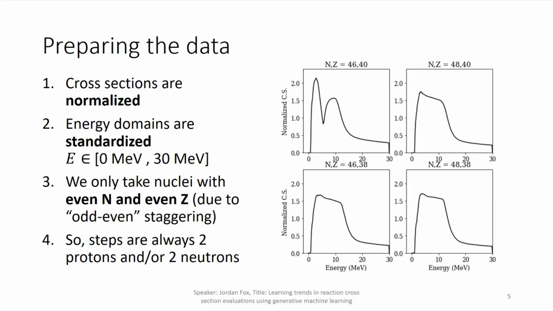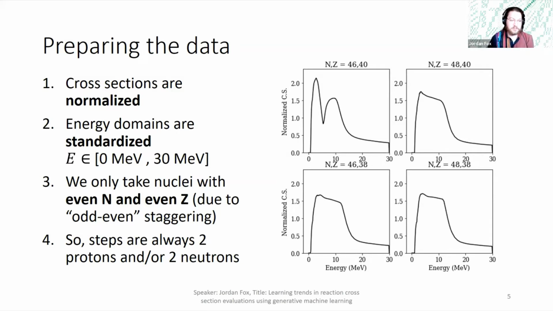This is due to something called odd-even staggering, which the nuclear people will be familiar with. Basically, this means that if we look at systematic trends going from one nucleus to the other in some observable, some quantity, we often see a systematic trend in the even ones and a systematic trend in the odd ones, and then staggering between those two.